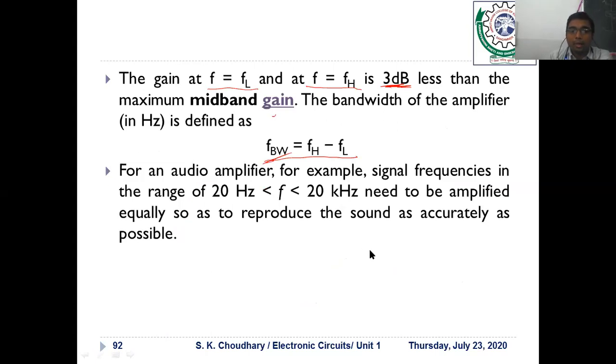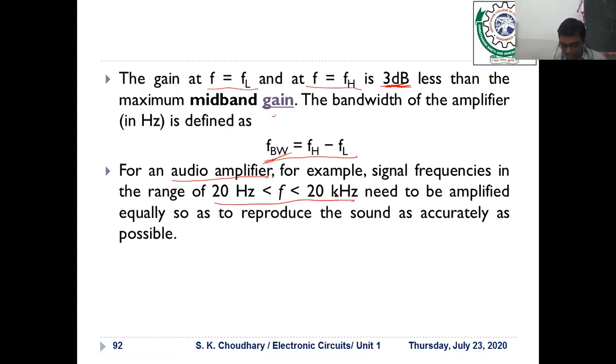For an audio amplifier, whatever we learn in this particular subject is all based on the application as an audio amplifier. So in the audio amplifier, what happens? Signal frequency is in the range of 20 hertz to 20 kilohertz. Your signal frequency would always be in the range of 20 hertz to 20 kilohertz.